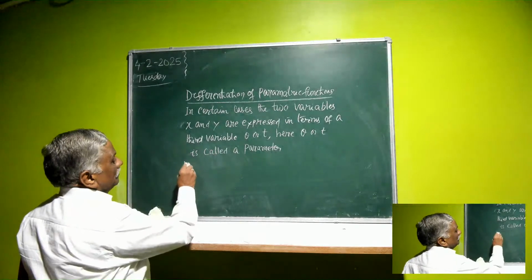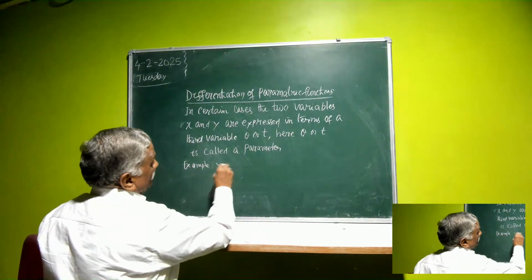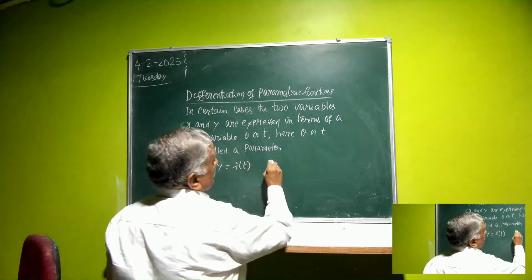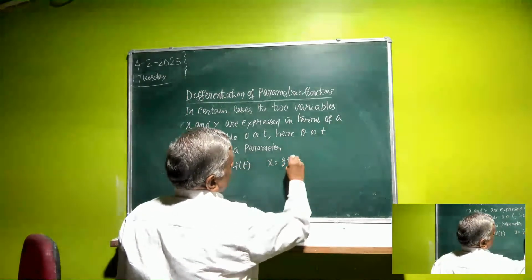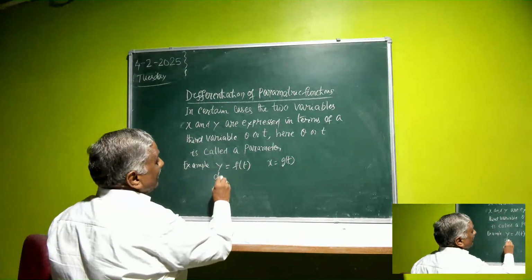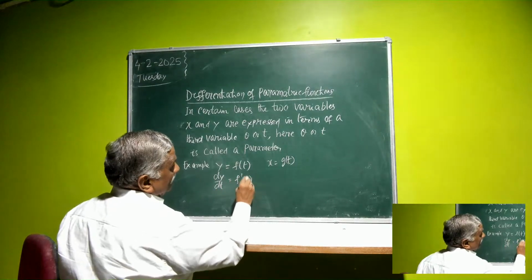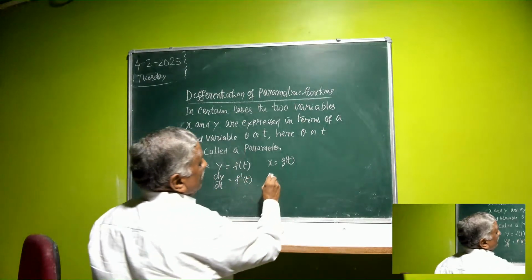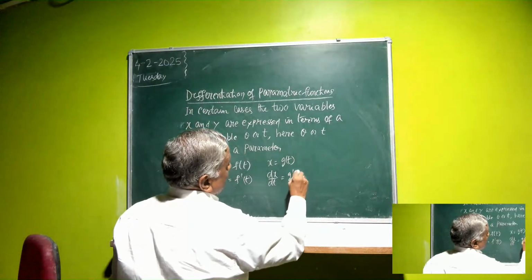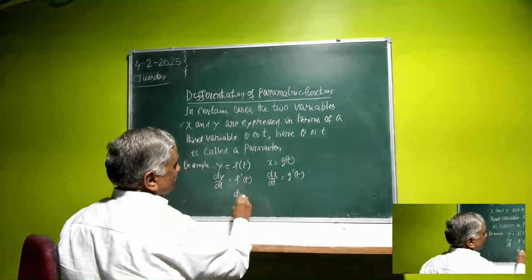Example. Y is a function of t. X is a function of t. So what we do is, we find dy by dt, that is f dash t. We find dx by dt, that is g dash t. We want dy by dx.